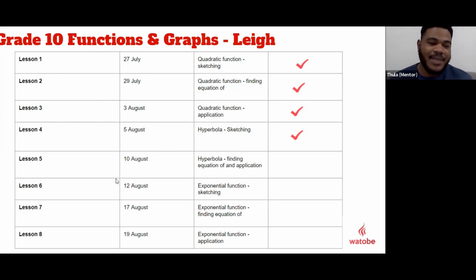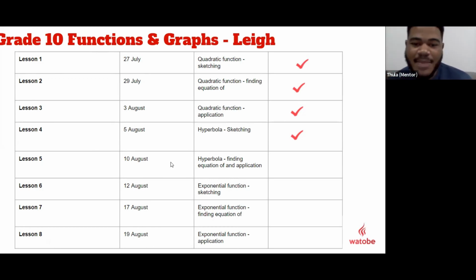Remember that our next lesson is on Tuesday, so the 10th of August, and we'll be continuing with the hyperbola and just finding equations and applications. So make sure you come back, just so your knowledge is built onto each other and you don't have gaps.